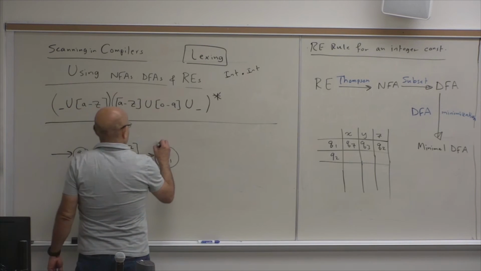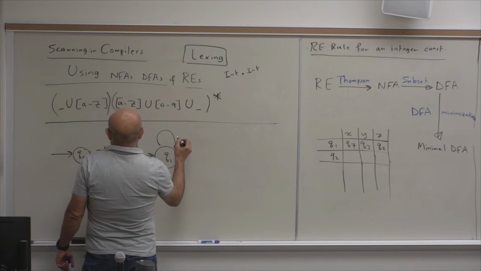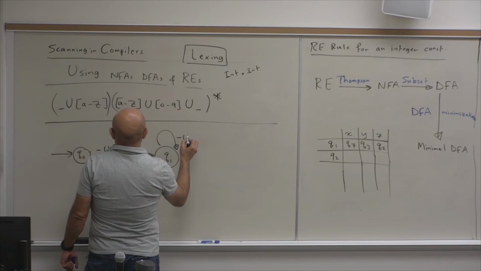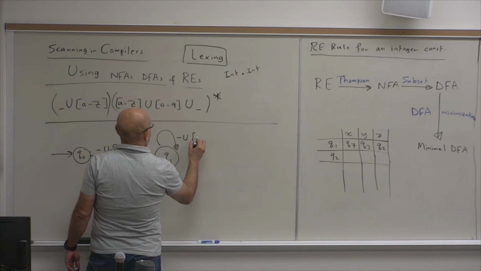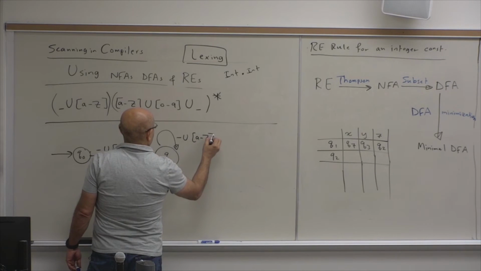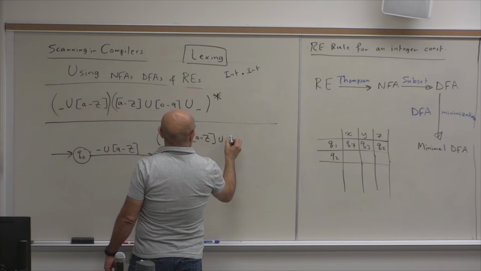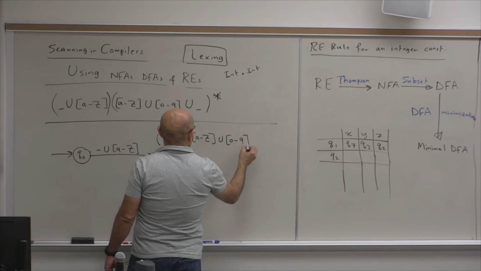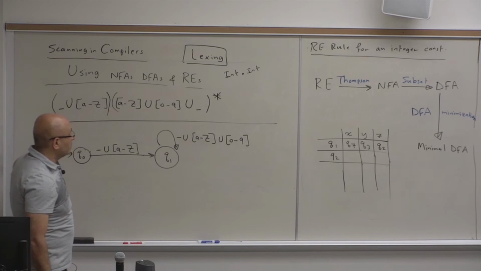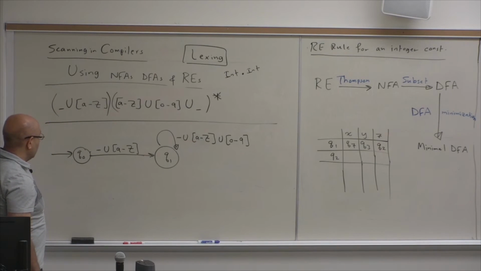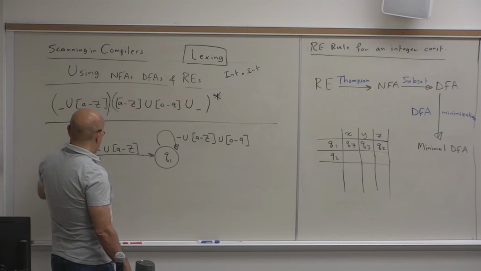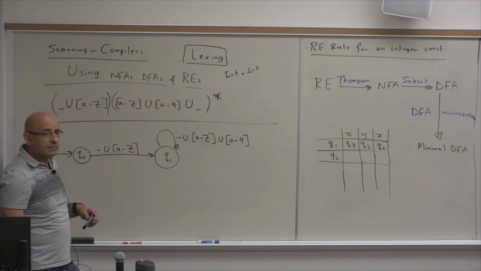So you can have underscore union A to Z or 0 to 9. Okay. So, in fact, this is already a DFA.